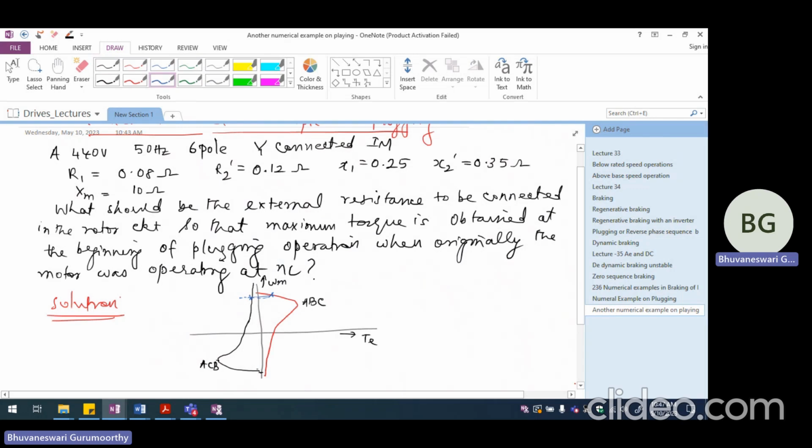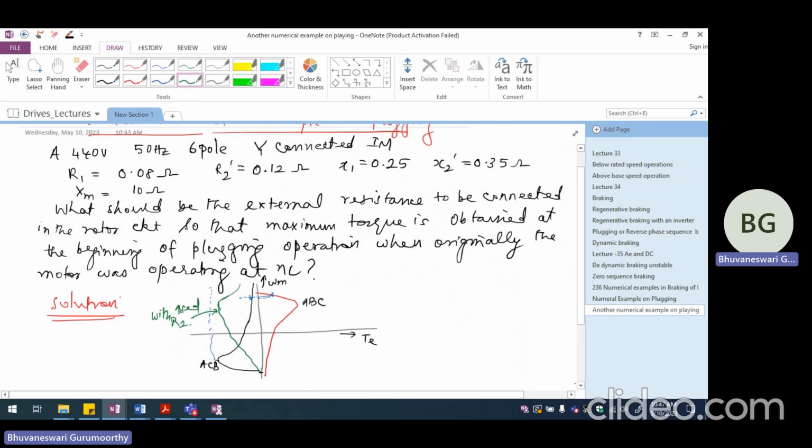So if I want to increase the braking torque and make that equal to the breakdown torque, then I should be inserting a large rotor resistance such that the stable operating condition extends until here. So this is with increased R2.